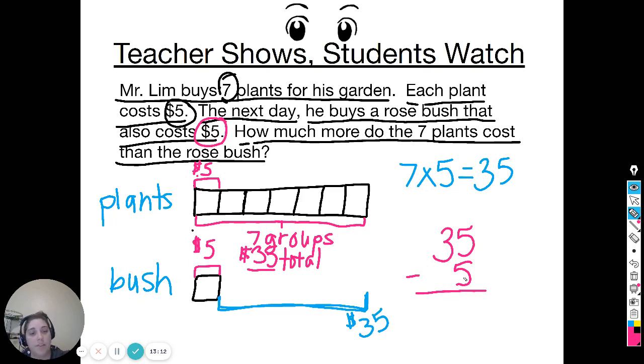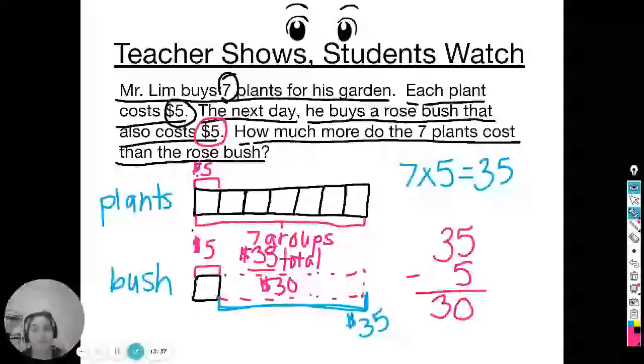So let's do 5 minus 5 is 0. 3 minus nothing is 3. So this amount here is $30. That's how much more money he spent on plants than bushes.